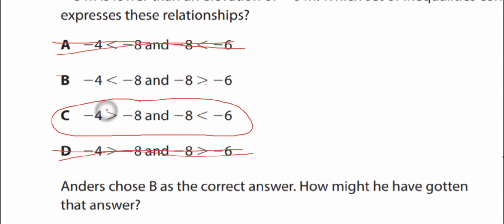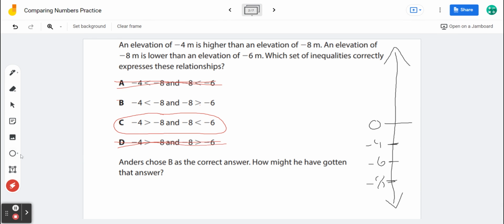Like in C, this is Pac-Man. Pac-Man's eating negative 4 because it's higher than negative 8. Pac-Man is eating negative 6 because it's higher on the number line. So that's what I'm going to type in.